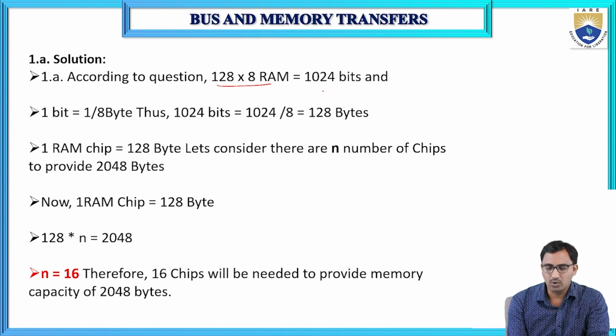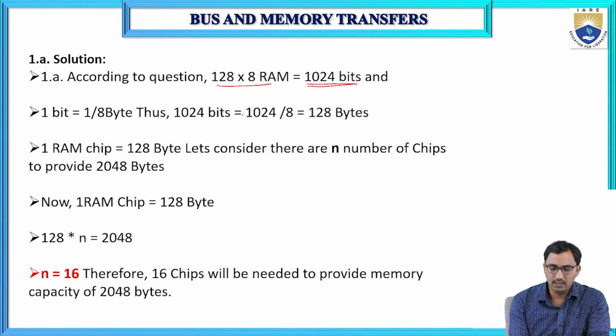That means in total this particular chip contains 1024 bits. If we convert those 1024 bits into bytes, we have to divide 1024 bits by 8, so that we get the size in bytes.